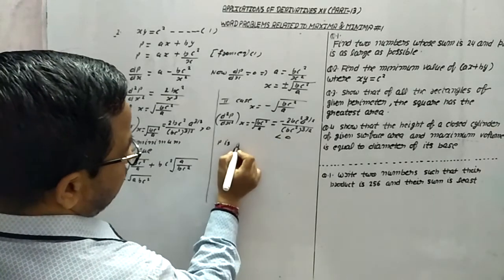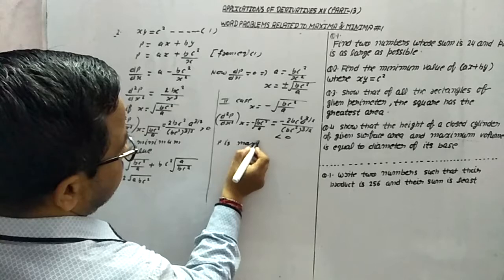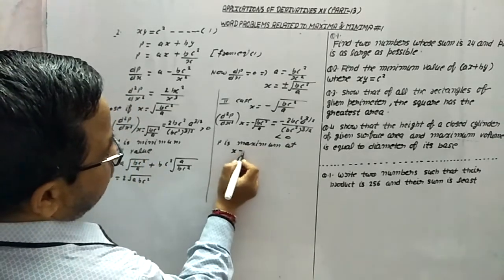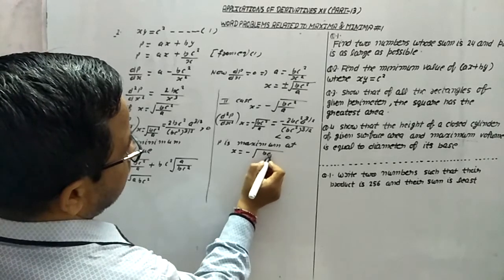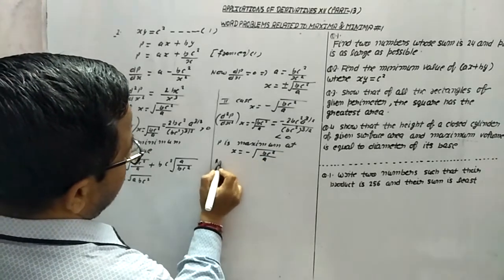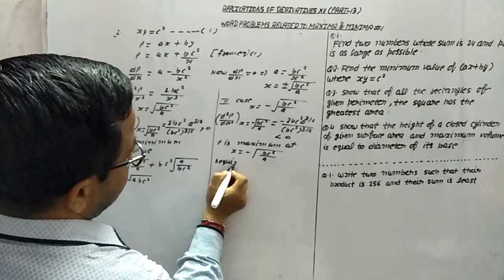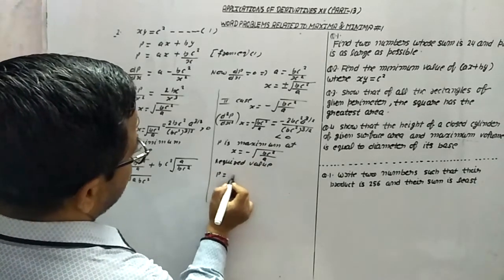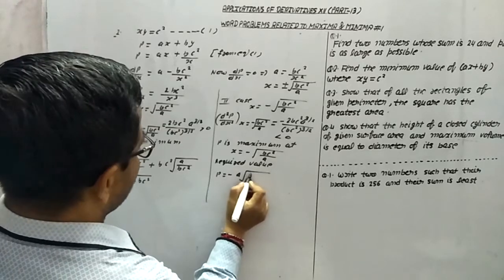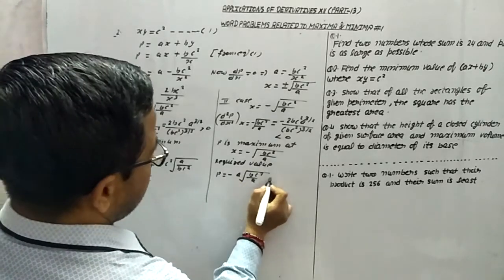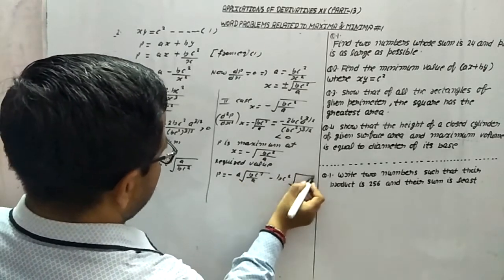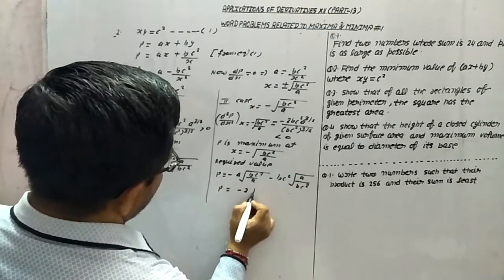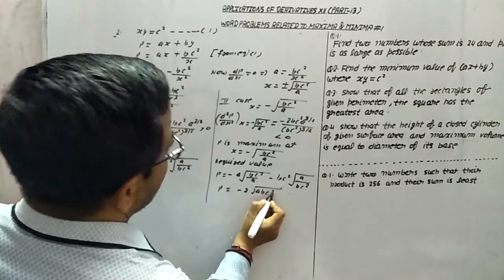Therefore P is maximum at x equal to minus under root bc square upon a. In this case, substituting the value, P is equal to minus a under root bc square upon a minus bc square under root a upon bc square. Therefore P is equal to minus 2 under root abc square.